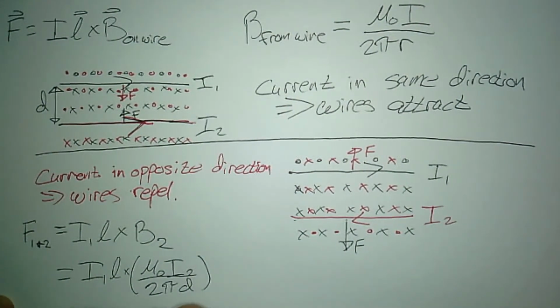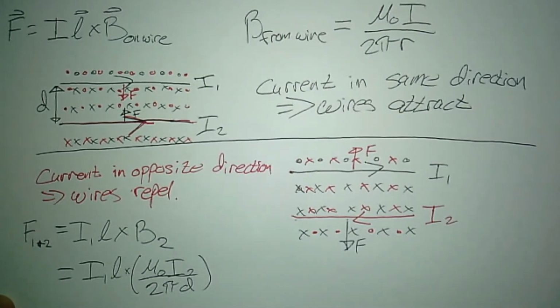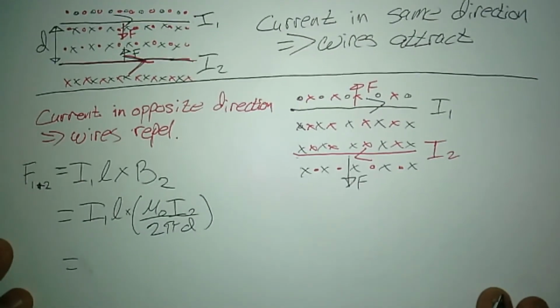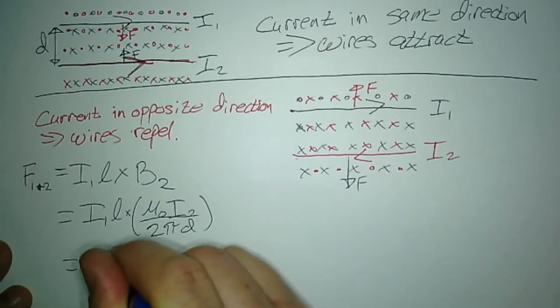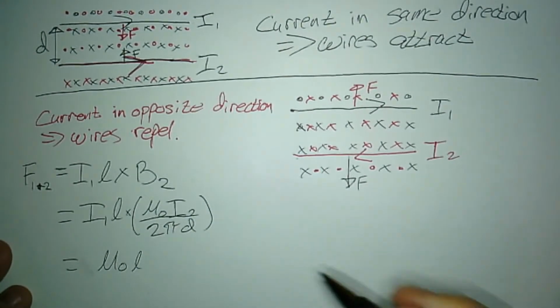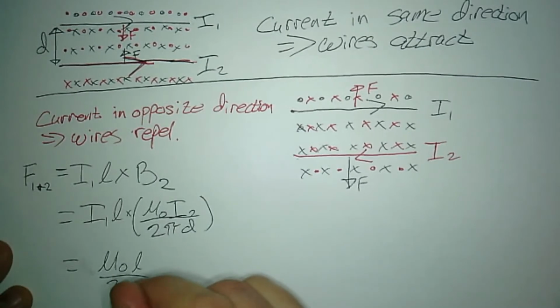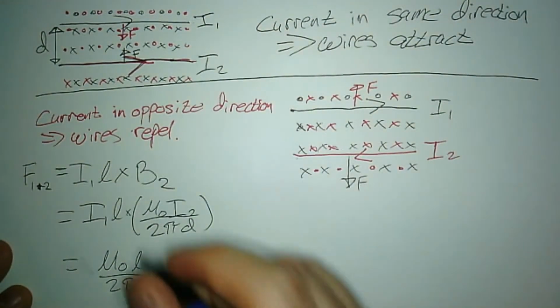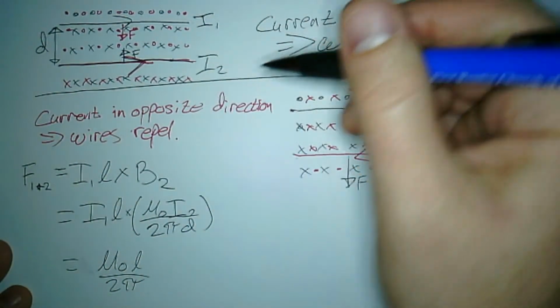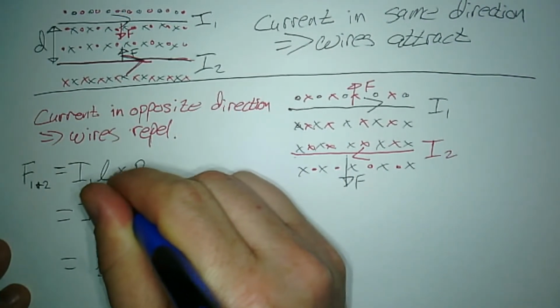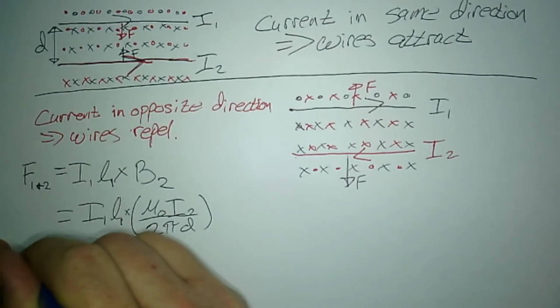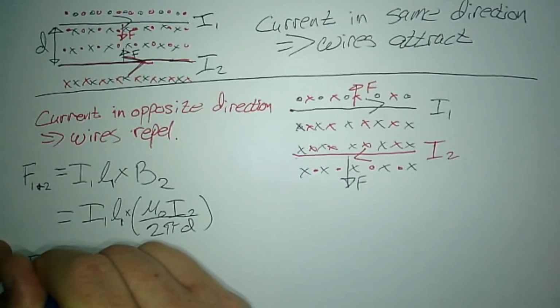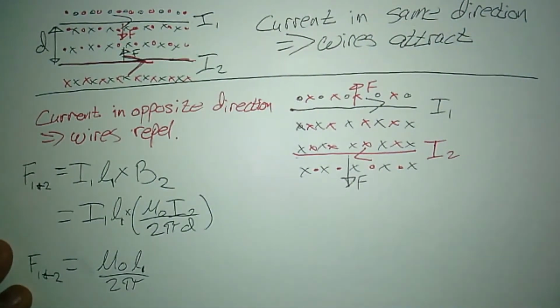So let's just say we're looking at the magnitude here, and let's simplify a little bit to make this nice. I'm going to get mu naught L over 2 pi, which will be a constant. And technically, this L is the length of wire 1, so let's make a little notation there, because we're talking about the force on wire 1 from wire 2.